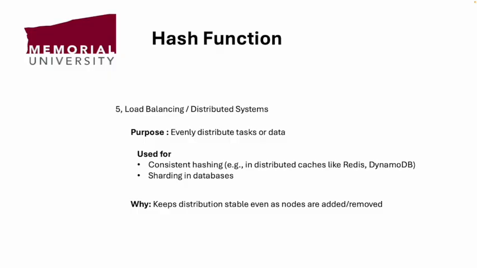Because of the hash function, they distribute evenly. They leverage the hash function to build on these servers. So load balancing is used a lot on applications, and on databases as well.